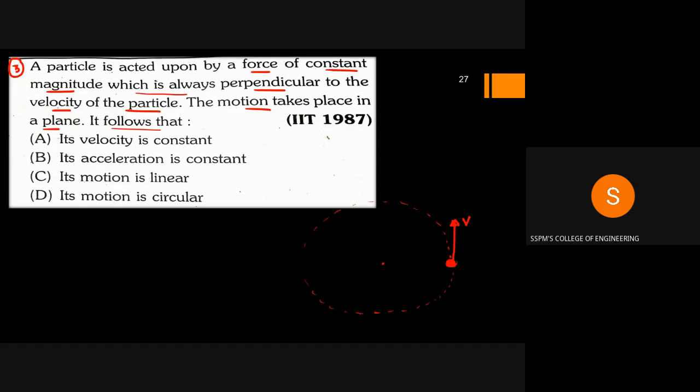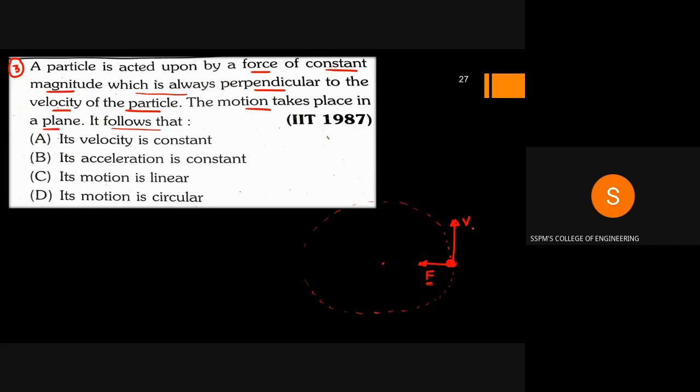So what is given? A particle is acted upon by a force of constant magnitude, which is always perpendicular to the velocity of the particle. So force is perpendicular to the velocity. The motion takes place in a plane. It follows its velocity is constant? We cannot predict directly whether its velocity is constant based on the force. Its acceleration is constant?